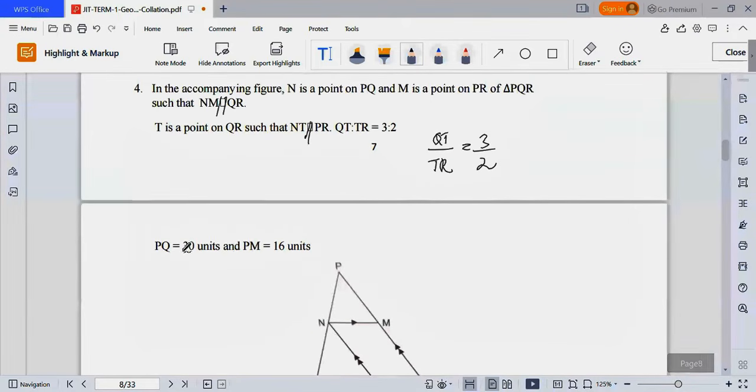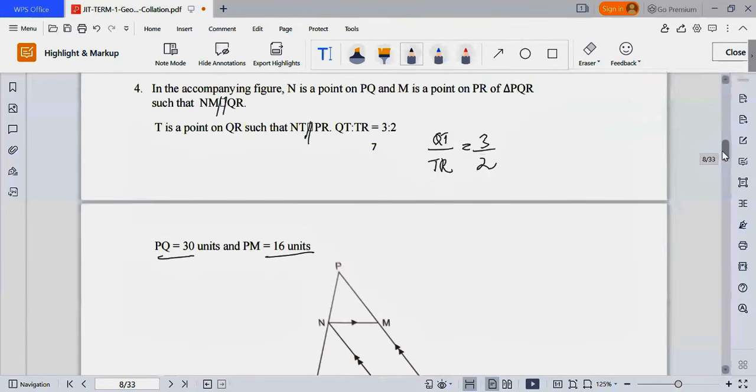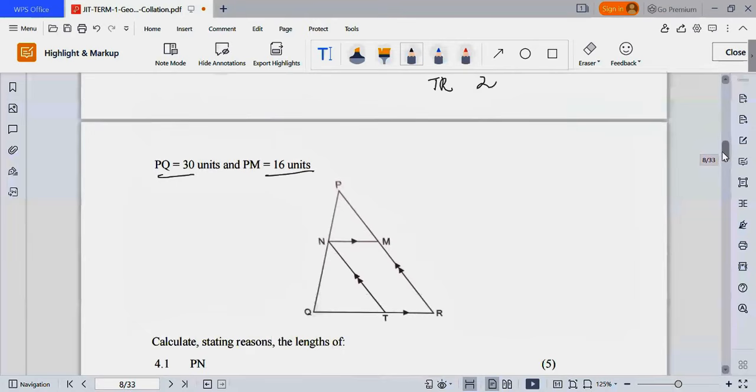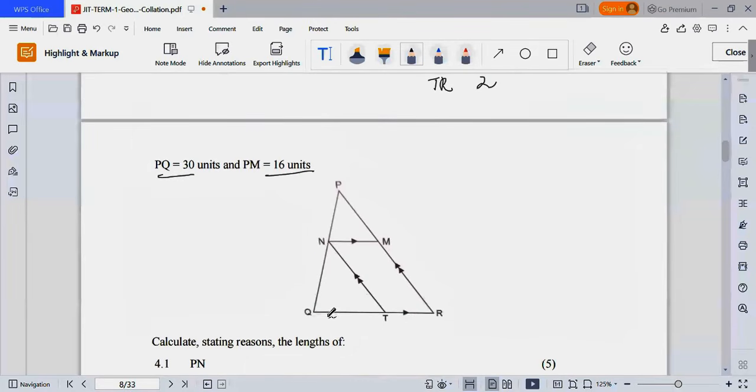Now, when we continue reading, it says PQ is 30 units and PM is 16 units. Okay. So now they're asking us to calculate the length. So let's go ahead and substitute what we are given here. We are given QT to TR. So let's use 3K and 2K, because these are not actual lengths, they're ratios.